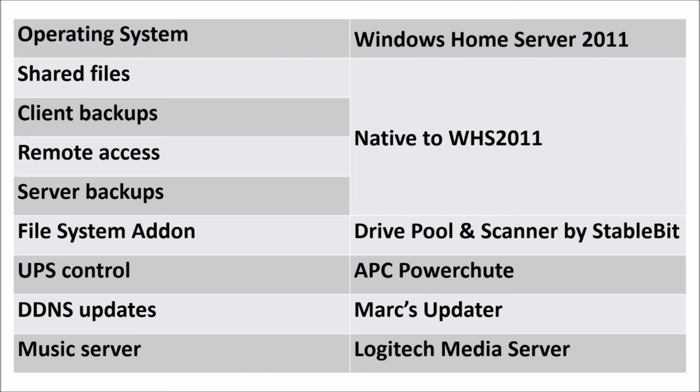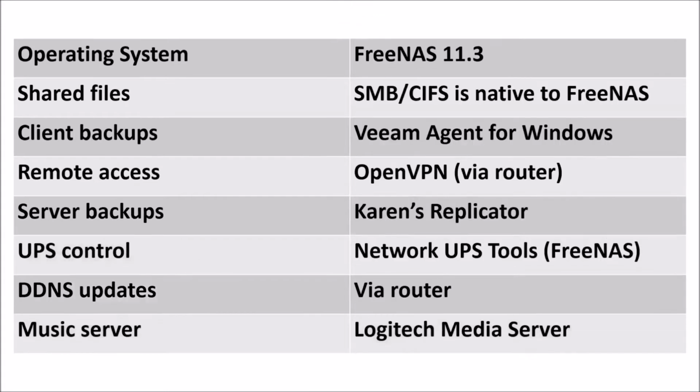And finally, because it was a Windows system, I was able to run Logitech Media Server, which served music files to various Squeezebox radios that I have around the home. So this is what I needed to replace, and this is what I came up with.